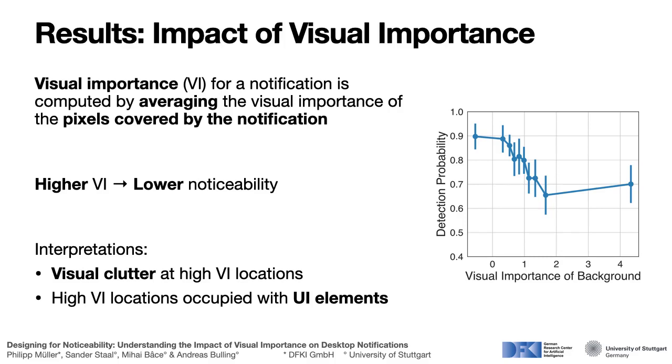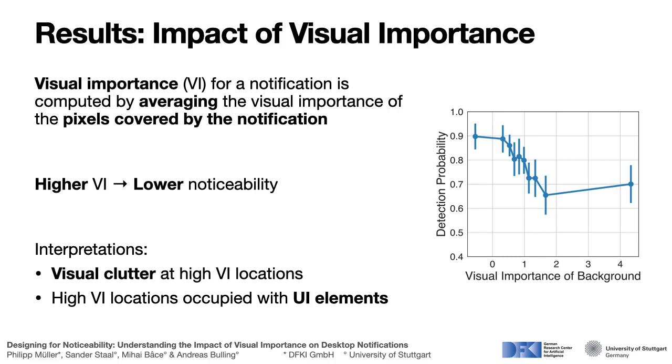A low-level explanation of this effect could be that the visual importance measure we used is correlated with visual clutter. This is plausible, as high visual importance is usually assigned to regions in the image containing a large degree of clutter. A large degree of visual clutter, in turn, could make it more challenging for notifications to stand out from their surrounding.